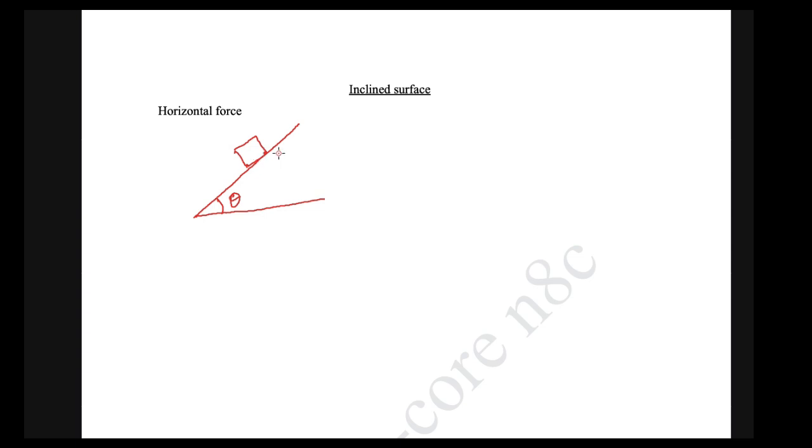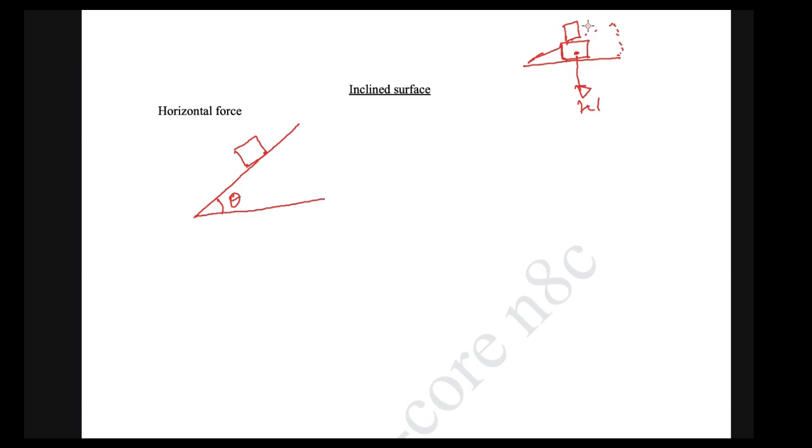Now understand that when an object is placed on a horizontal surface, the weight of the object is going to act vertically downward. But if you tilt this object, that is, you raise its surface up a little bit, the weight is also going to shift. It's not going to act vertically downward again.